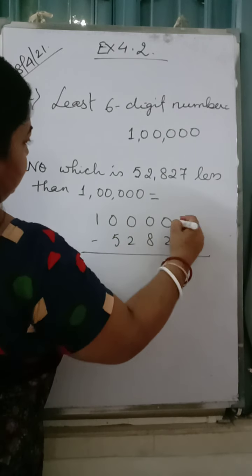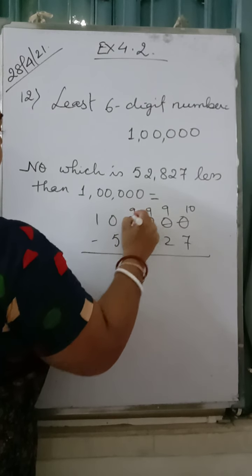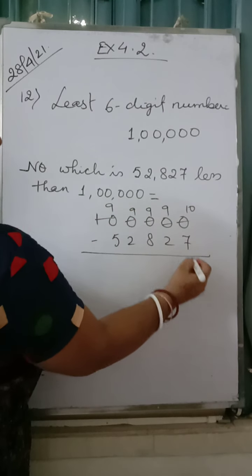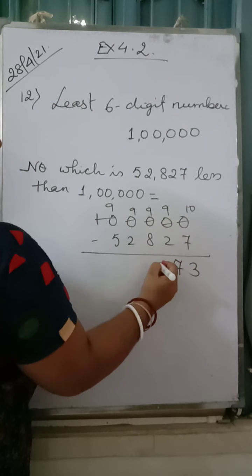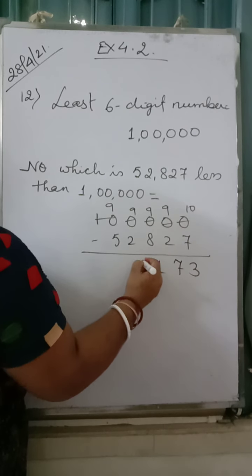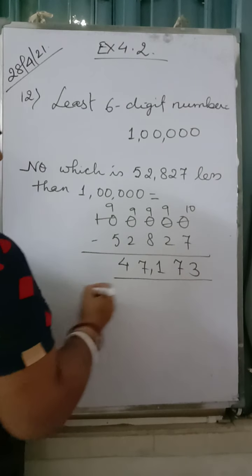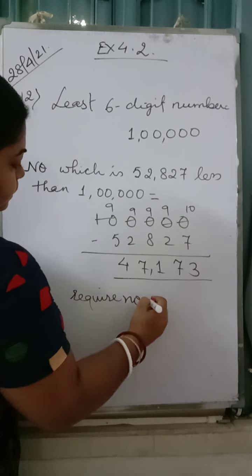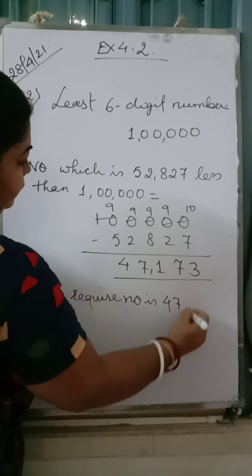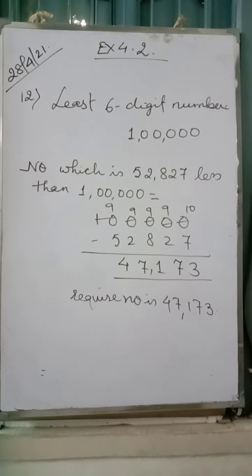When we subtract, this is 10, 9, 9, 9 and 9. So 10 minus 7, 3, 9 minus 2, 7, 9 minus 8, 1, 9 minus 2, 7, 9 minus 5, 4. So the required number is 47,173. Please write, this is question number 12.